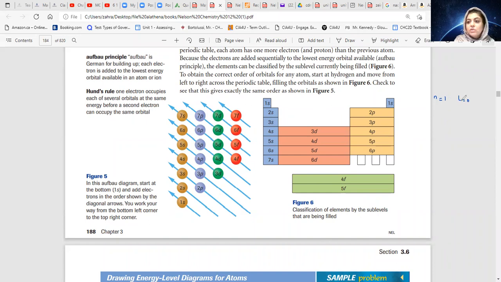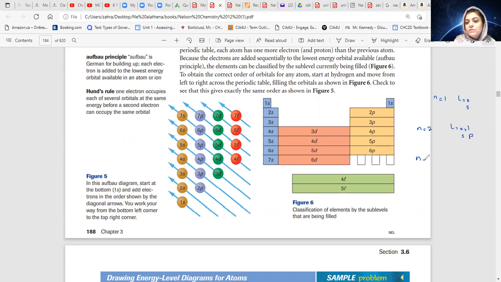So 0 is S orbital. For energy level 1, you just have S orbital. Then N is 2. What is L? It's from 0 to 1, so it's 0 and 1. This is S orbital, this is P orbital, right?